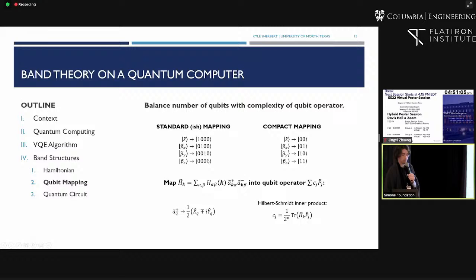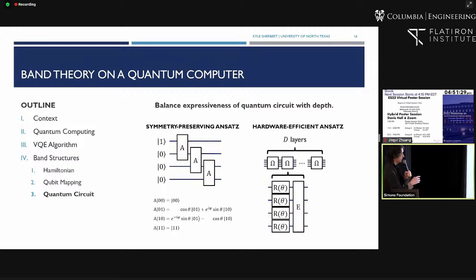So any computational state that dips into something else that involves the 0000 basis element, or any basis element that has more than 1 activated, any computational state that has a superposition including any of those is beyond my active space. So the symmetry preserving ansatz just takes pains to ensure that I never leave that active space. And so it's helpful for making sure that your results are physical.